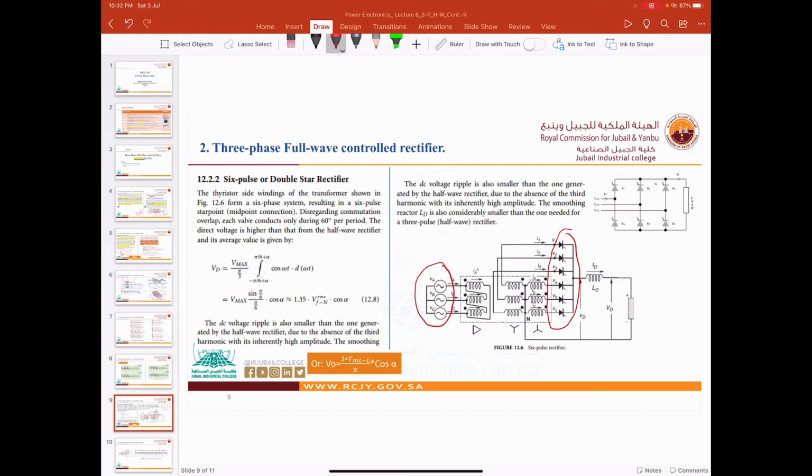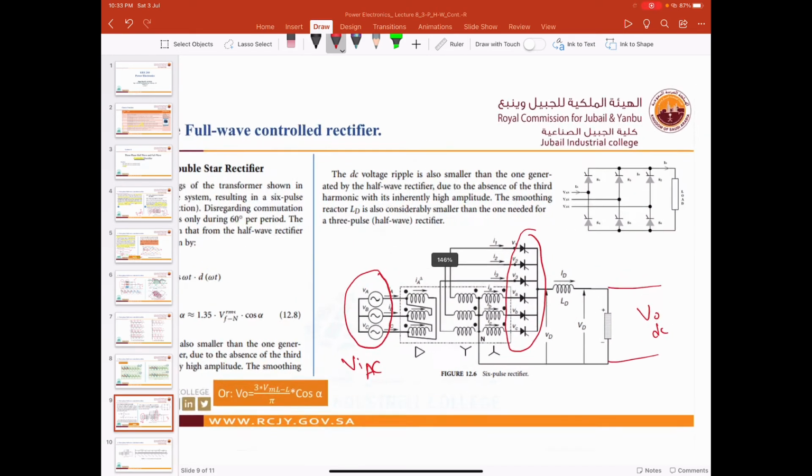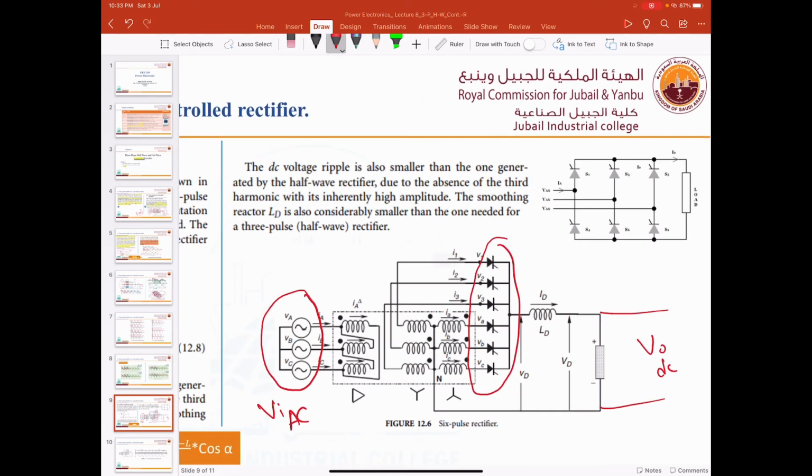And then this is the V out across the load, it should be in DC. This is V in AC. So we are rectifying the AC source into DC using 6 thyristors in order to rectify the signal.